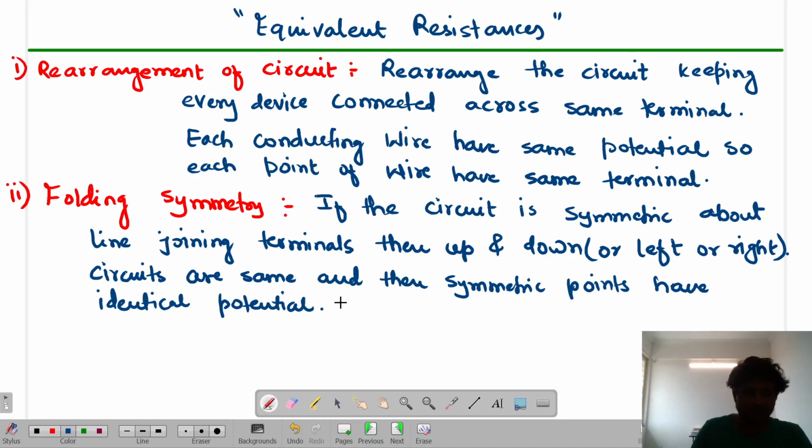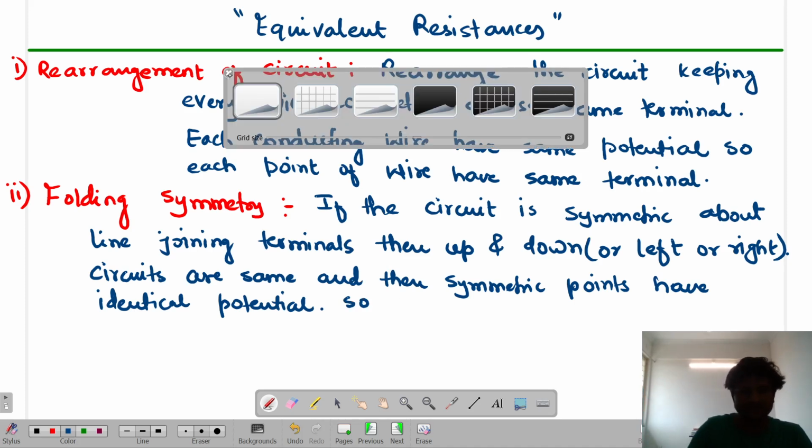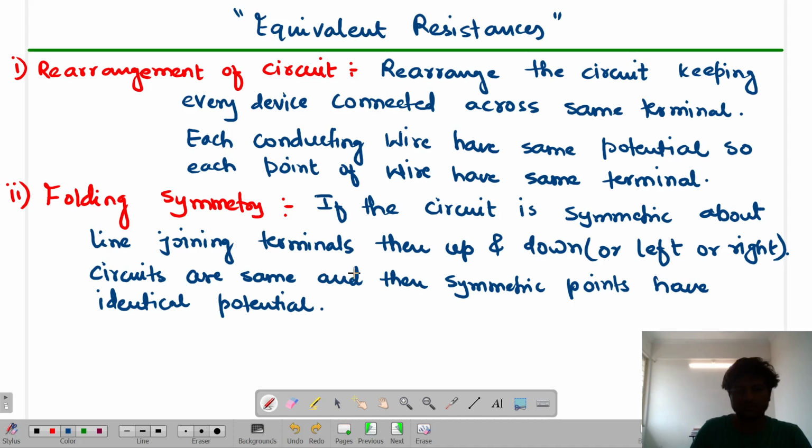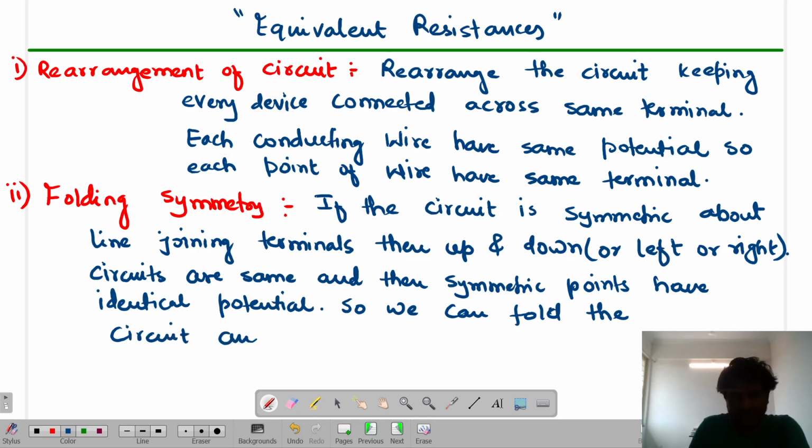Okay, so then what we can do is fold the symmetry, fold the circuit, and overlap and consider the overlapping resistances in parallel.